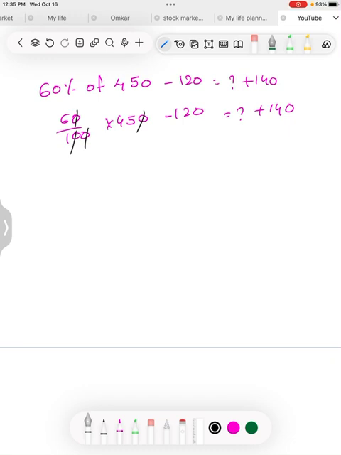Just multiply. Okay, we can just get something like this and just do this. So the thing is, here we are not getting the answer in the minus, right?